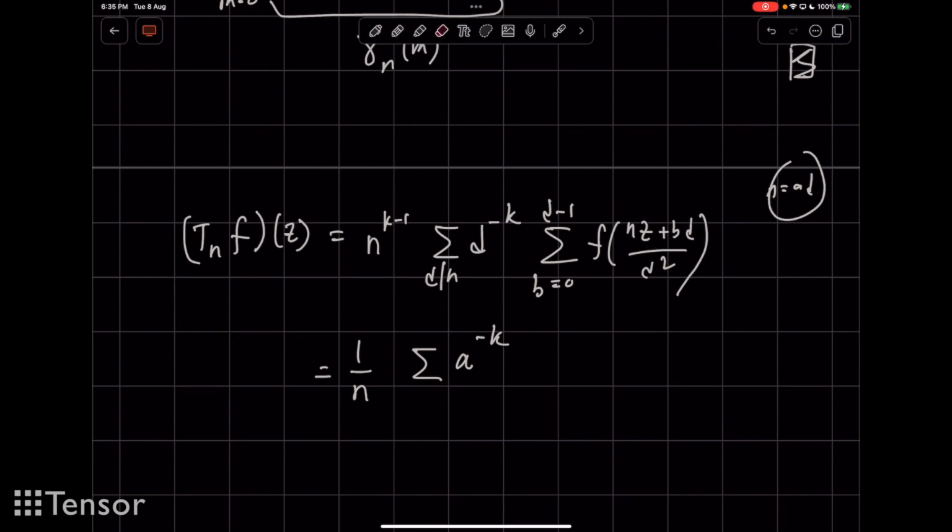Let me write all these conditions under one sum: a is greater than or equal to 1, ad equals n, and b is in 0 to d.